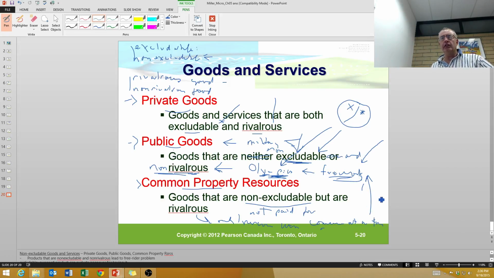Some classic examples of common property resources are wildlife. And the best example is a fish in the sea.